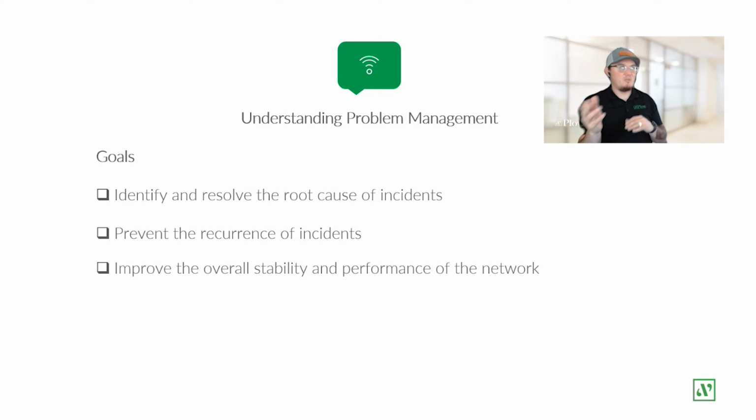I know some of you are well aware that fixing the issue at hand and fixing the root cause are different ends of the spectrum, right? They're completely different. I can go fix an issue and not fix what's actually causing it. And sometimes what's causing an issue may not be technical in nature at all. Maybe it's process related. We'll get into some of that. Maybe it's procedural. Maybe it's an external factor.